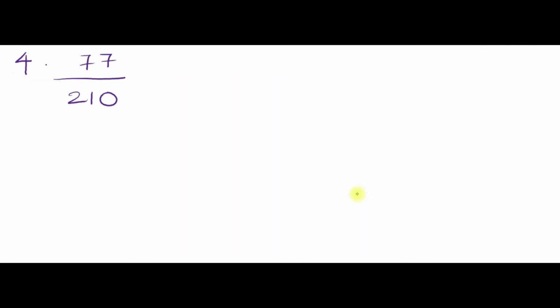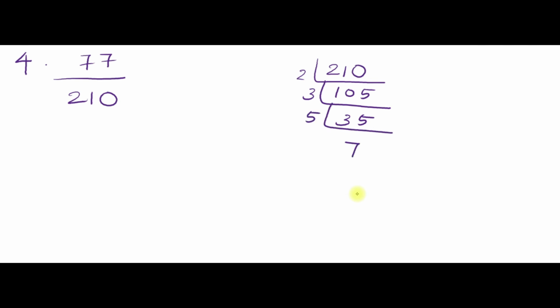Your fourth question is 77 by 210. 210 can be factorized as 210 by 2 which is 105, 105 by 3 is 35, then by 5 which is 7.